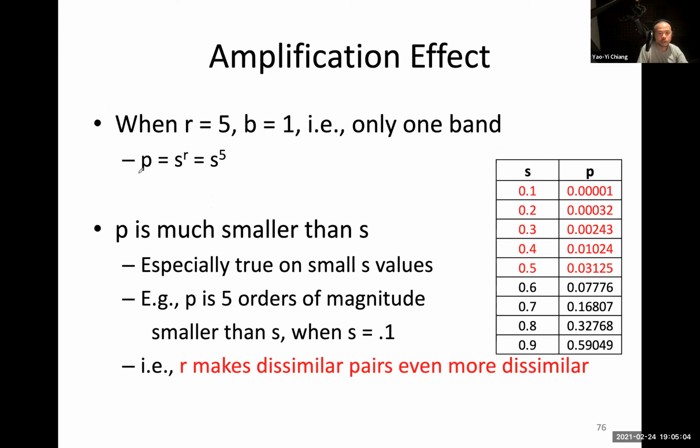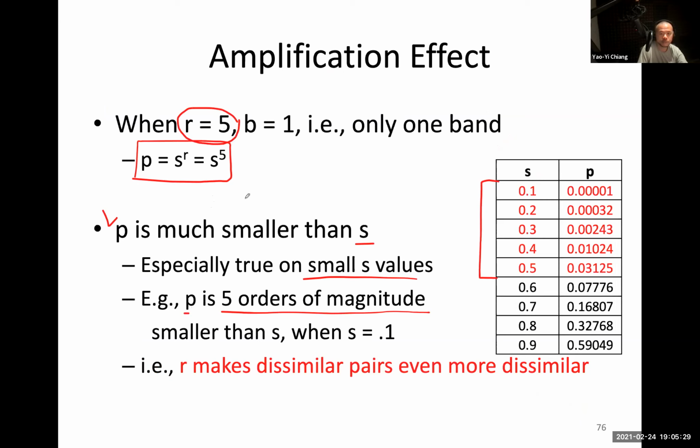With R equal to 5, B equal to 1, P is much smaller than S, especially for small S values, because P is now 5 orders of magnitude smaller than S, and those 5 orders are here. So a larger R makes dissimilar pairs even more dissimilar in terms of P.